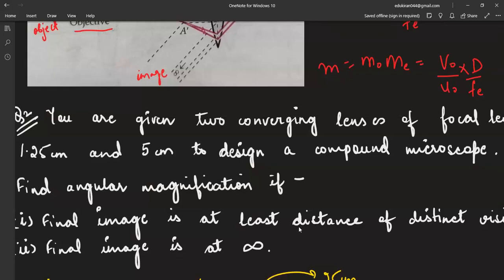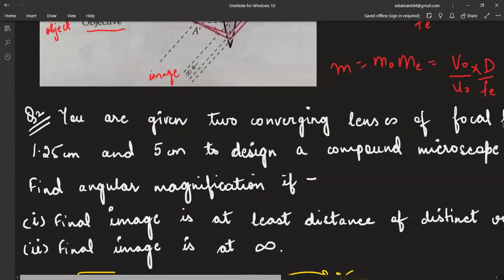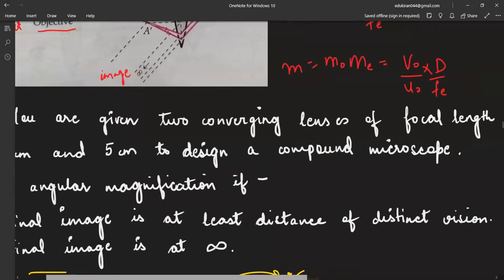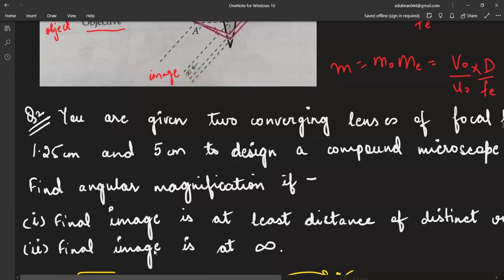You are given two converging lenses of focal length 1.25 centimeters and 5 centimeters to design a compound microscope. It is saying find angular magnification if the final image is at the least distance of distinct vision. All right, class.